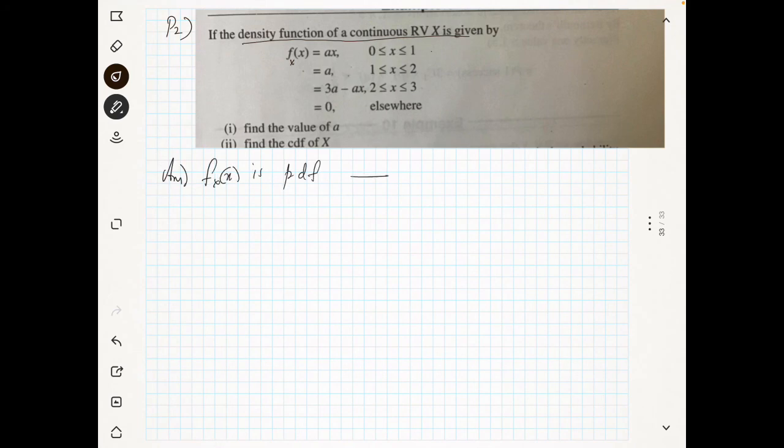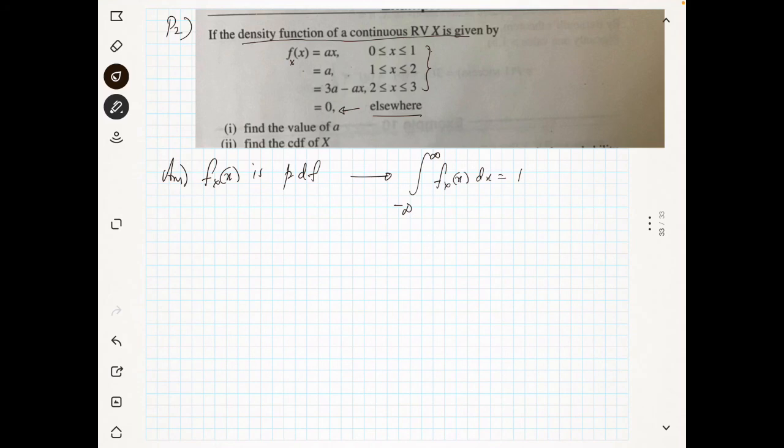If it is a PDF, you know that the area under the PDF will always be 1, right? Because it is showing the sum of all the probabilities, that is always equal to 1. So we will see what is the area. Here the function is defined only between these intervals, elsewhere it has value 0.